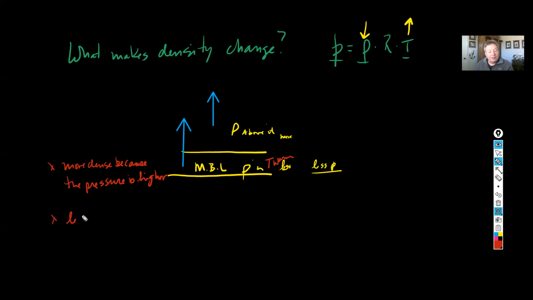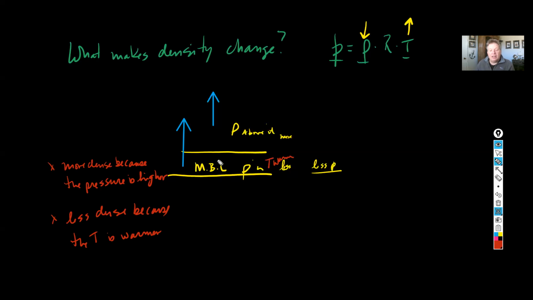But it's less dense because the temperature is warmer. So the air in the boundary layer is warmer than the air above it. That makes it less dense, if that were the only thing we were worrying about. But it's more dense because the pressure is higher.